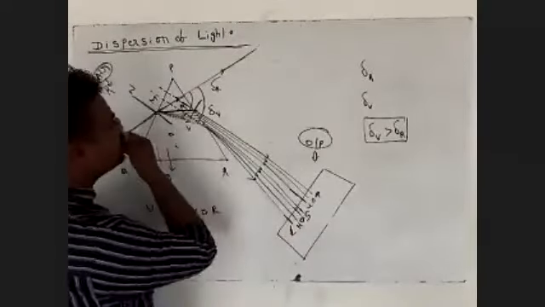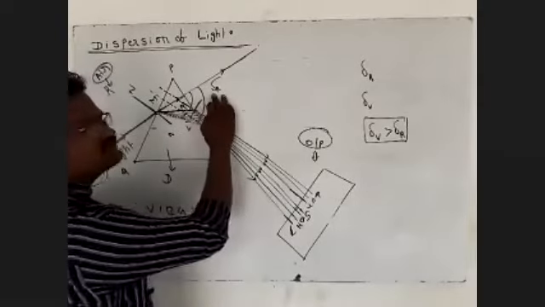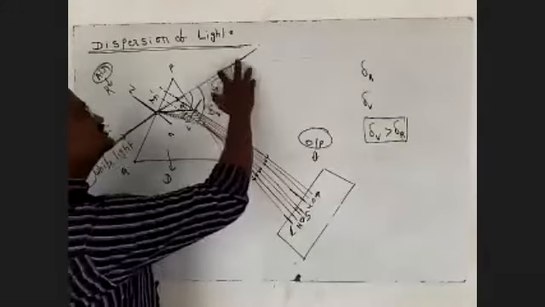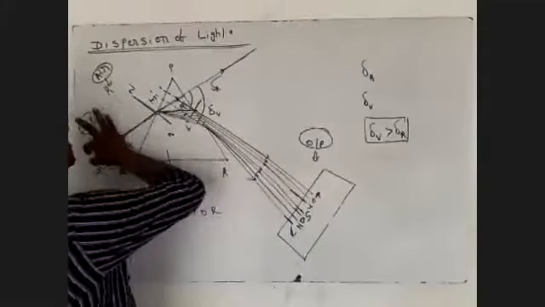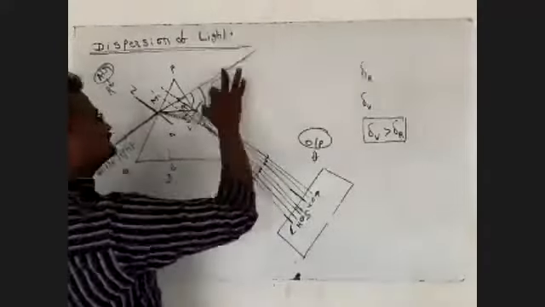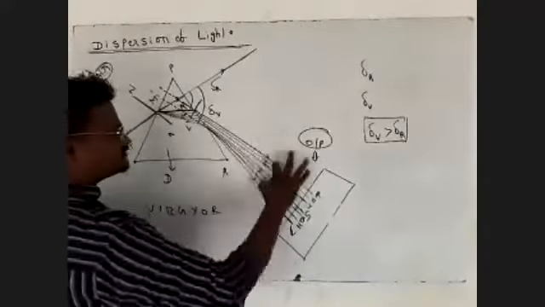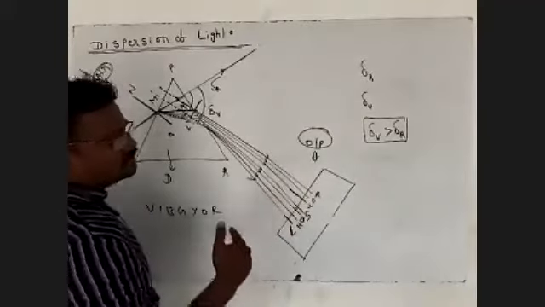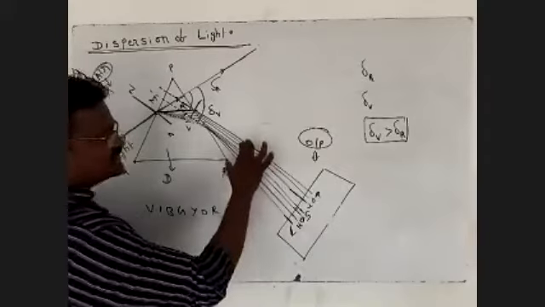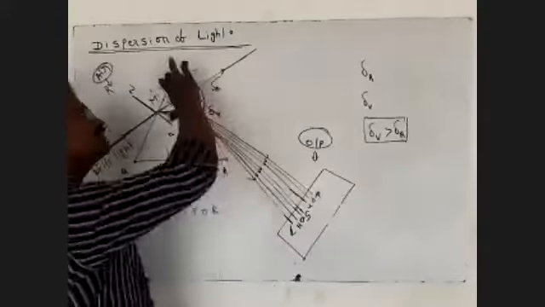So what is deviation? What is the meaning of angle of deviation? This is the actual direction of the incident ray. This is an incident ray. All these lines we are calling refracted rays. These are emergent rays, emerging from this surface.